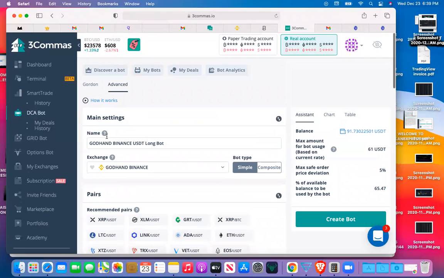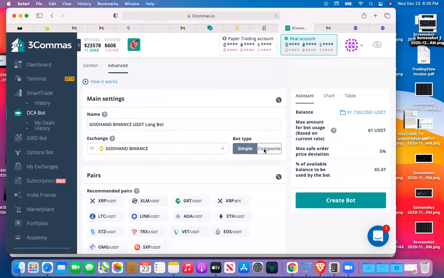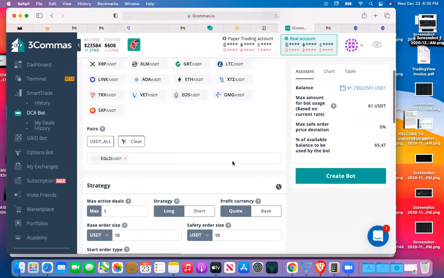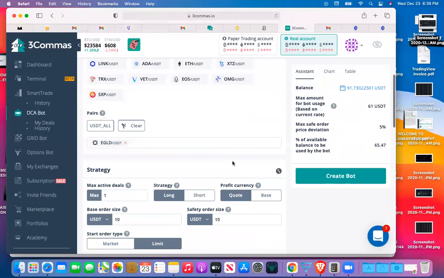Simple. So when you look at my exchange now, both types, simple. You cannot do composite if you're not on pro. If you're on advanced, you can only do simple. But if you want to do composite, you must be on pro. So that I can enter all the pairs in the exchange.